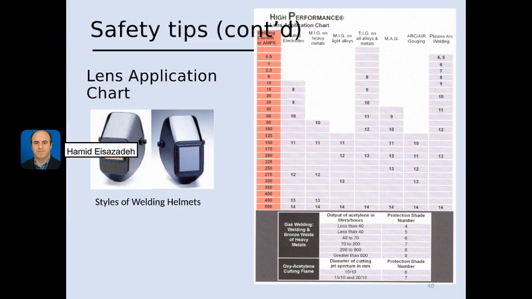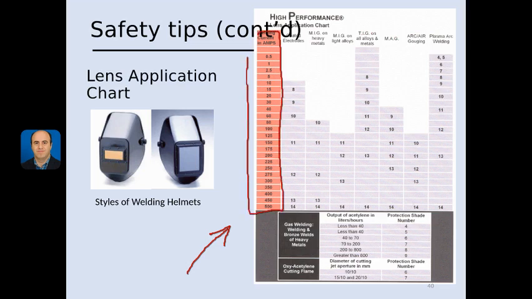In the welding process, it is important to pick the right lens to protect the welder's eyes, right? So here we have the welding current, and we have various arc welding, and this part is for the oxy-fuel welding. Based on the amount of electric current that you want to use and the type of weld, you can pick the right lens.